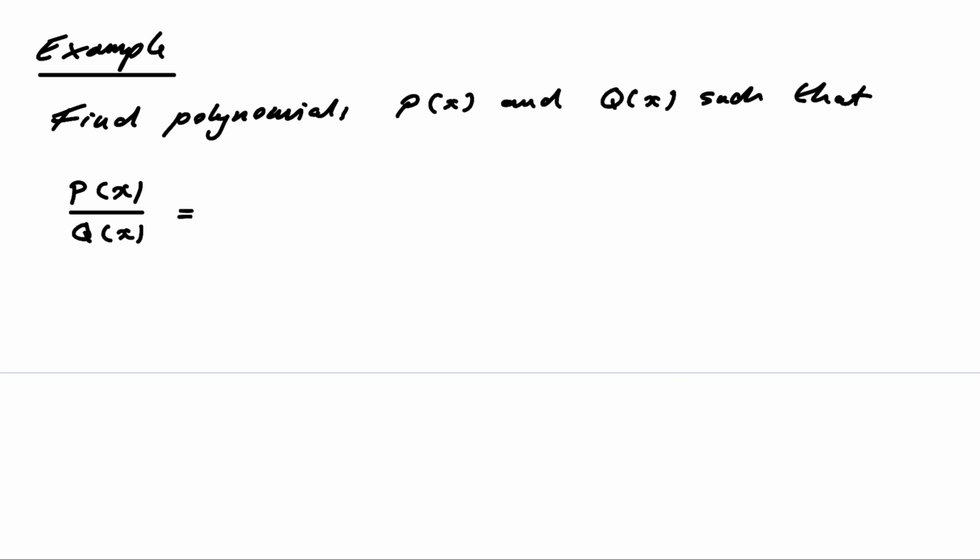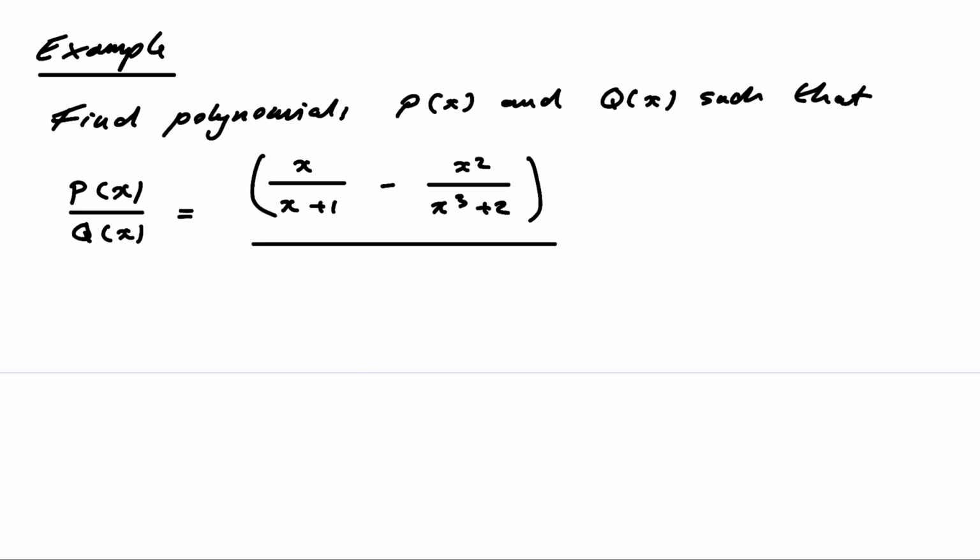So we'll do one that is pretty unpleasant looking. Let's do x divided by x plus 1, minus x squared divided by x cubed plus 2. All of that divided by x minus 1 on the bottom.